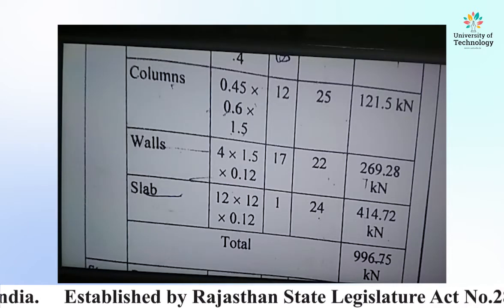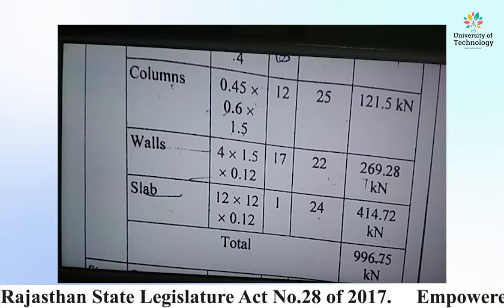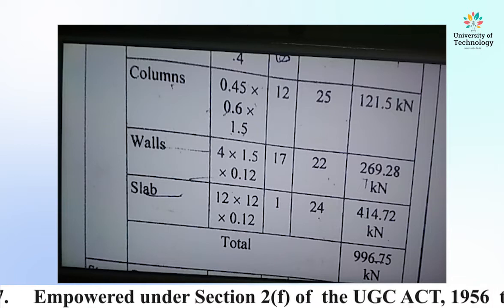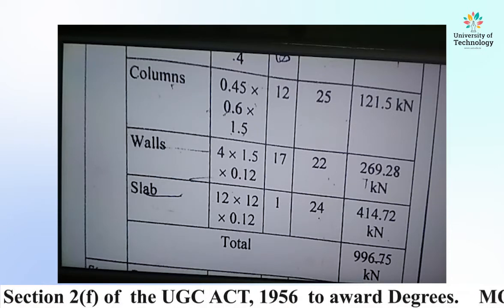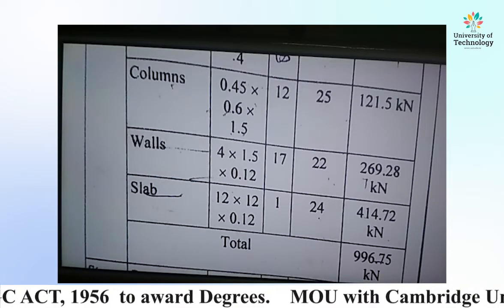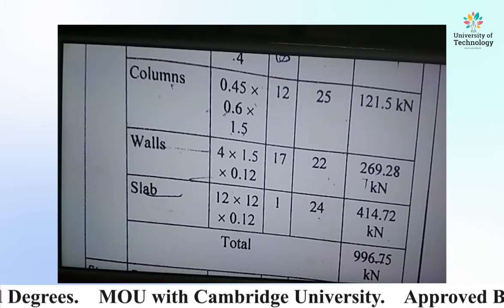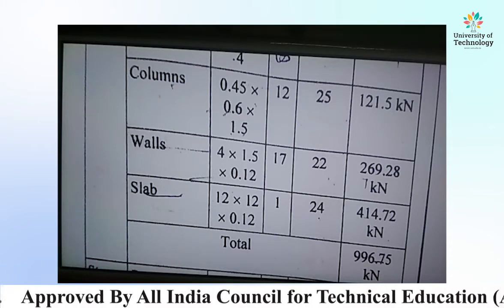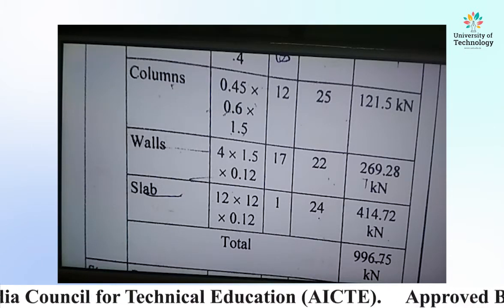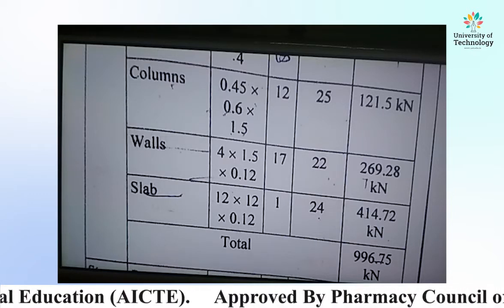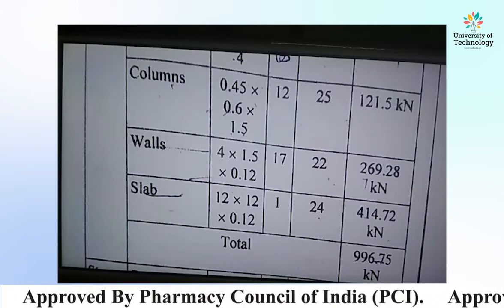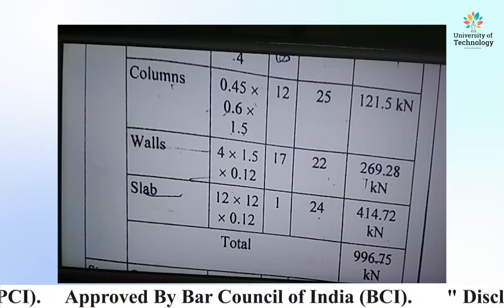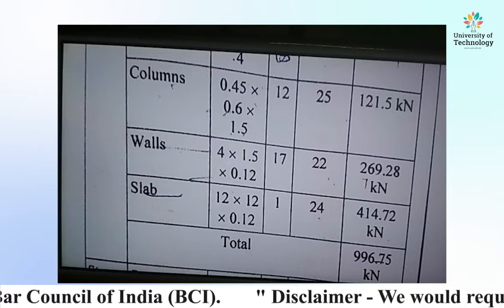For walls, 4 into 1.5 is the size and 0.12 is the thickness. There are 17 walls here, with a unit weight of 22 for the brick material used, so the total is 269.28 kilonewton. In the case of the slab, 12 by 12 by 0.12, there is one slab here, a monolithic slab, with a unit weight of 24, or we can say 25 kilonewton per meter cube.